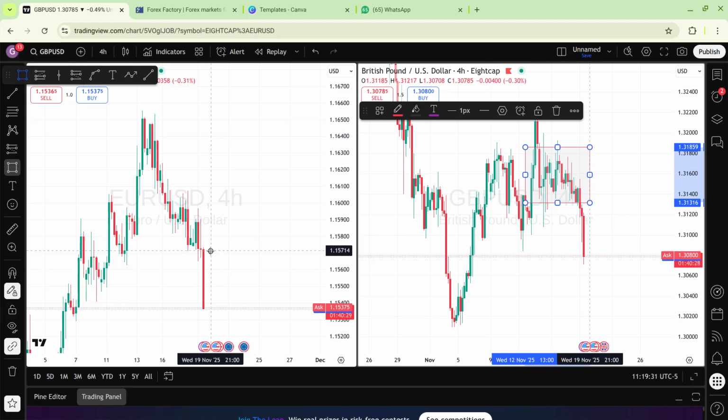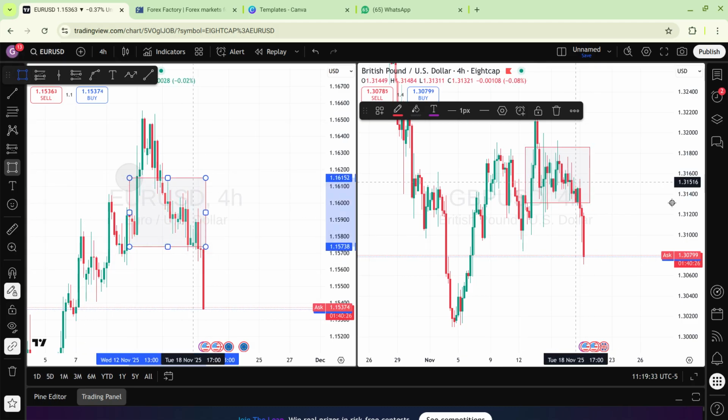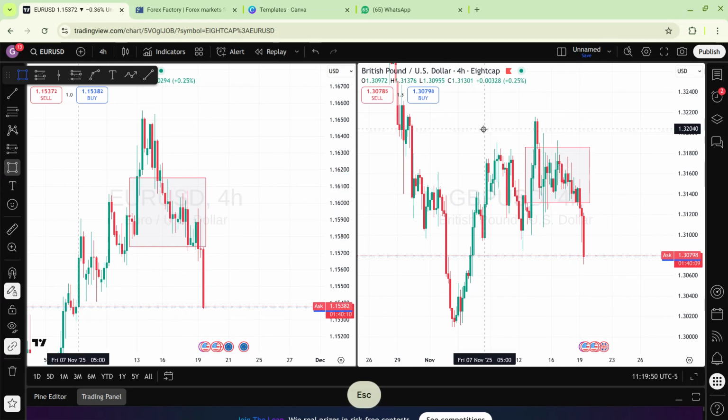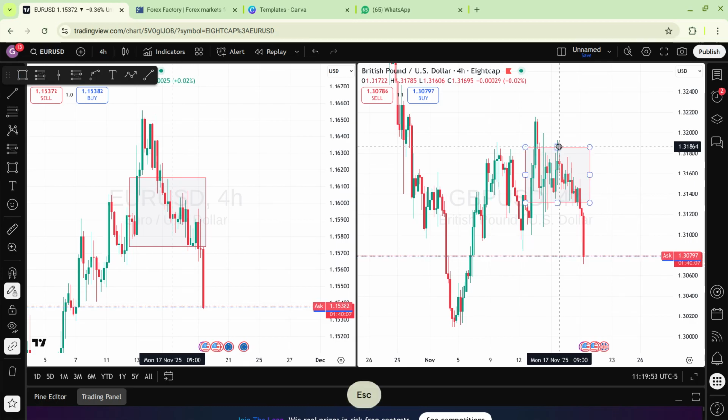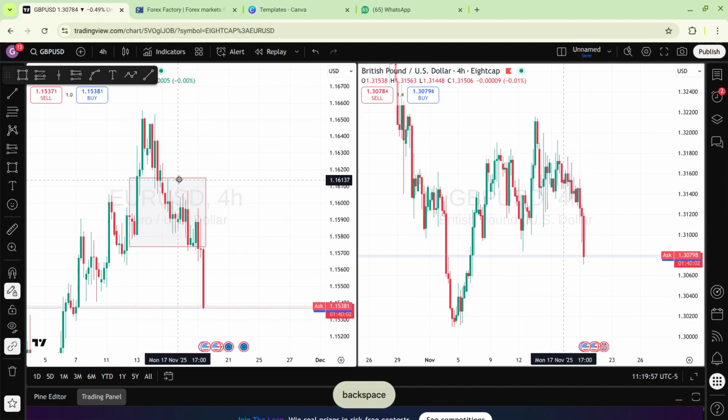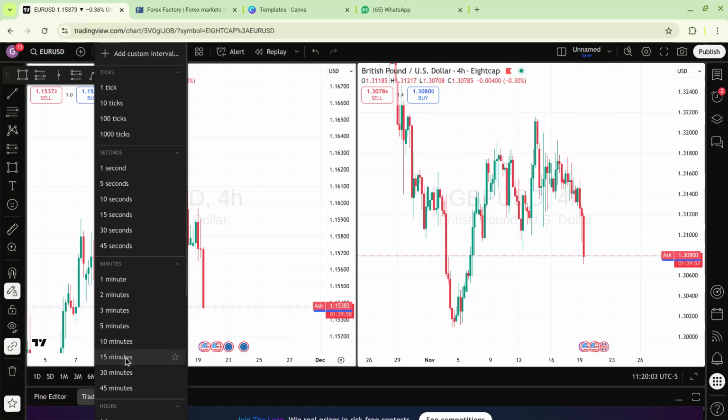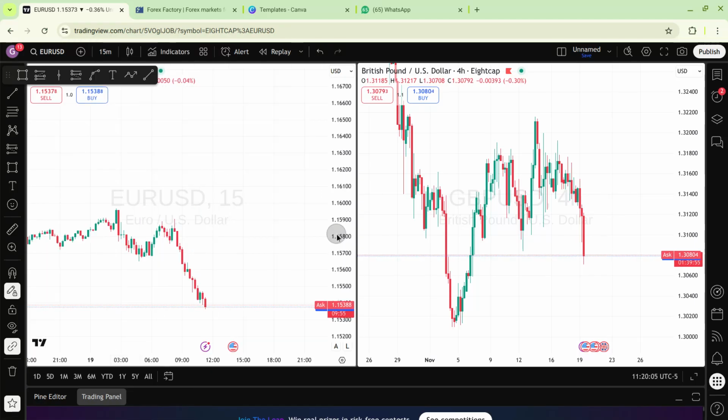Looking at these areas I have marked, I wasn't able to pinpoint any real SMTs or fair value gaps, because it was a real ranging consolidation market. So from the higher time frame, I had no clue as to whether it was going to go up or down. So with this one, I had to completely rely on the 15 minutes time frame. So yeah, we'll start from there then.